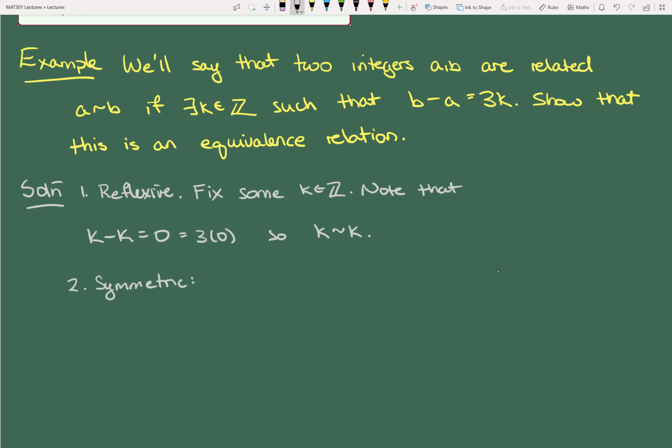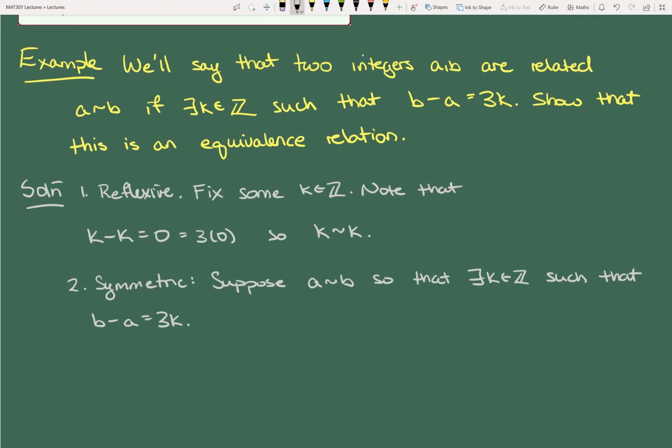So suppose that A is similar to B, and then let's prove that B is similar to A. If we suppose that A is similar to B, that tells us that there is an integer k such that B minus A is 3k.